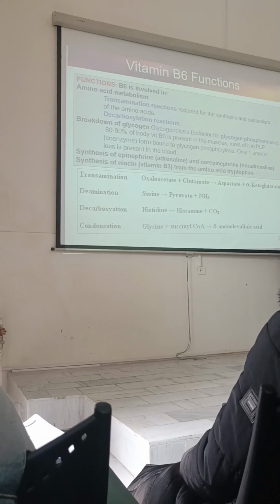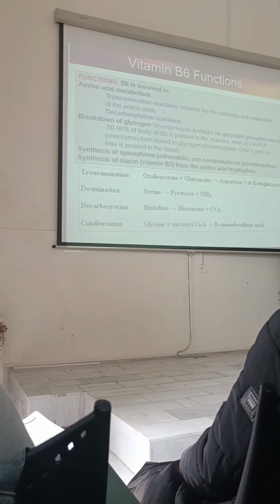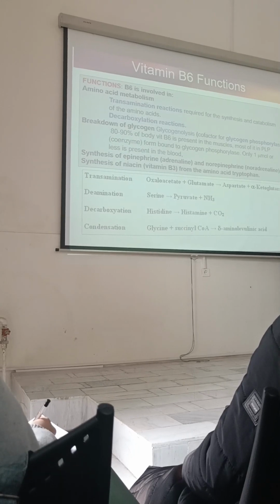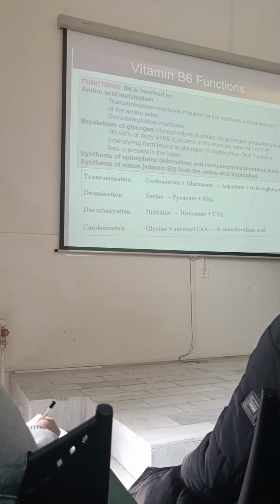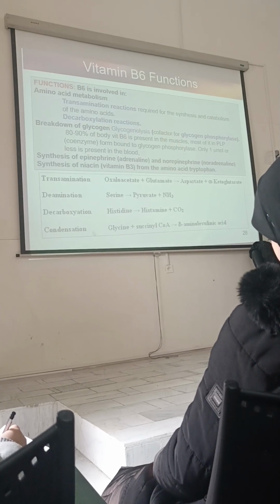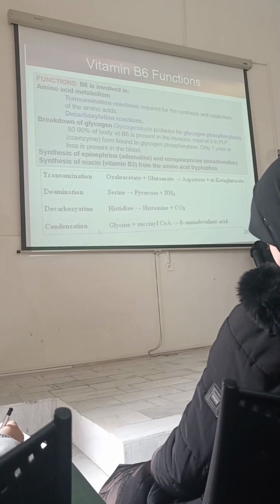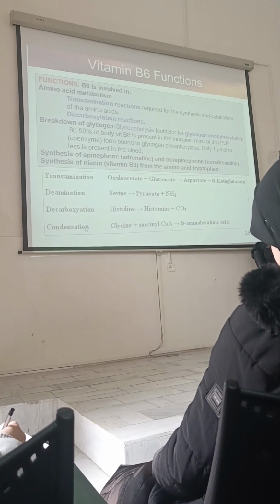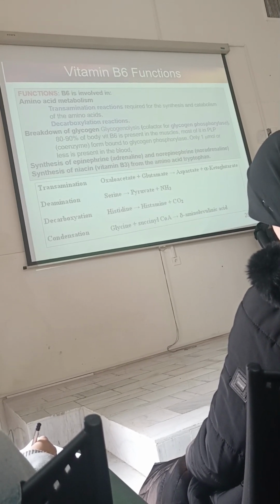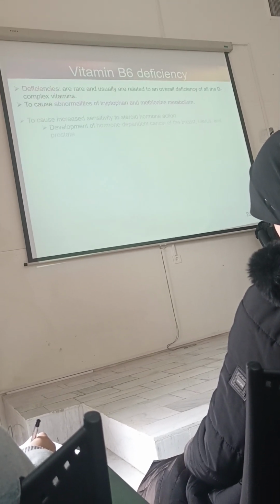This slide is very important because vitamin B6 is a very important coenzyme in many enzymatic reactions like transamination, decarboxylation, deamination, and the first reaction of heme synthesis, or condensation. So these are considered the main enzymatic reactions that require B6 as a coenzyme.